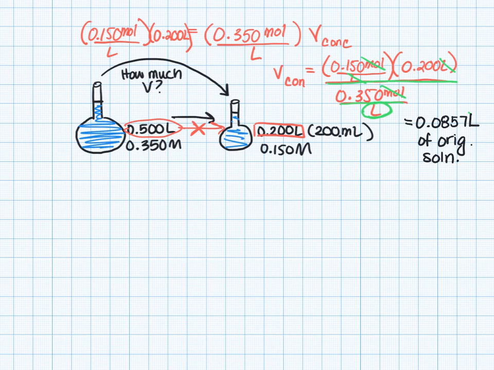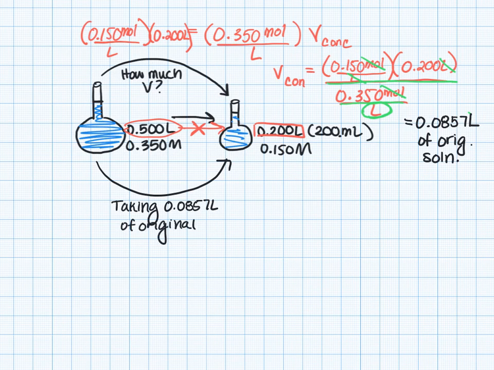Okay, so I've solved numerically. Now what does that mean? That means I'm actually taking 0.0857 liters of the original solution. I'm placing it into my new flask, and then I'm filling to the desired volume, which is this line, to make a 0.150 molar solution.